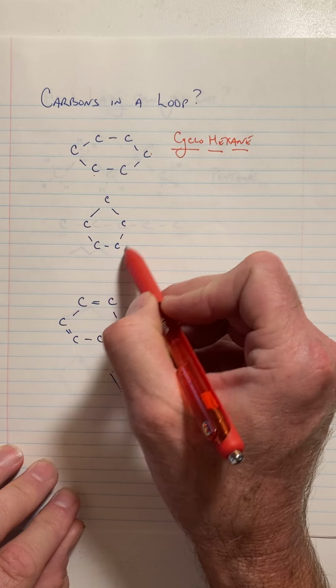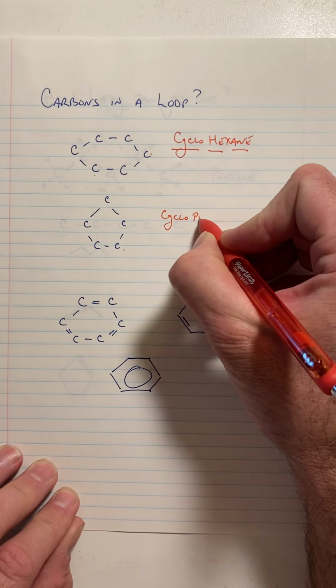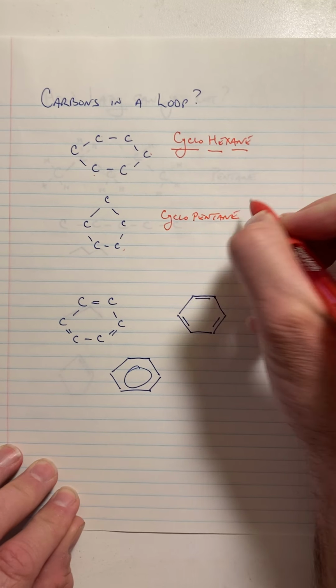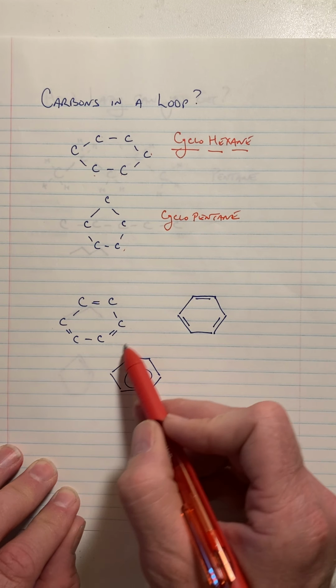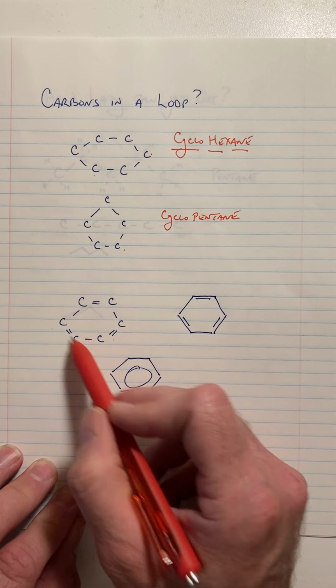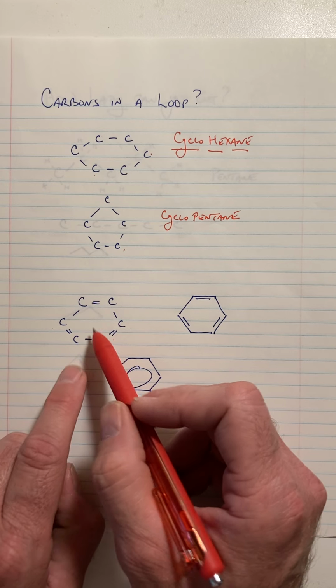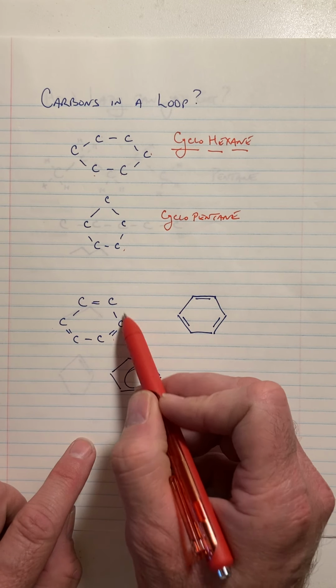This has 5 carbons, so it would be cyclopentane. And this one, we've got 3 double bonds in this cyclohexane here. So it's no longer a hexane, it would be cyclohexene.